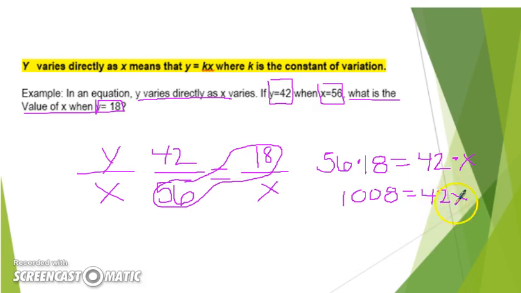I'm going to get rid of this coefficient by dividing by it. So I'm going to divide by 42. These would cancel. So 1008 divided by 42 gives me 24. So x would equal 24.